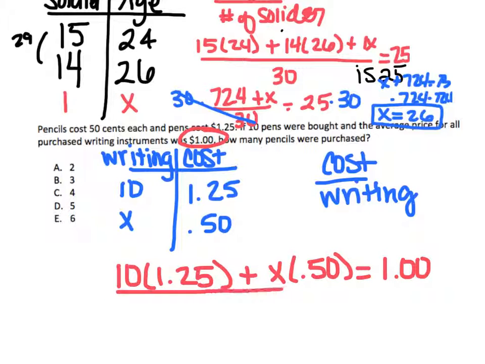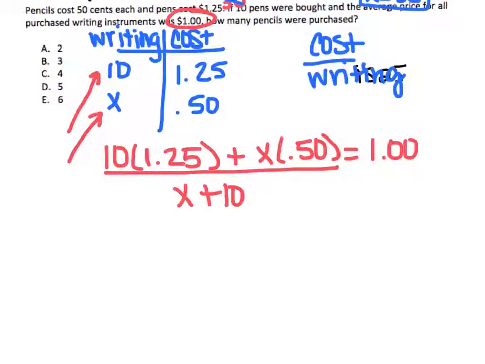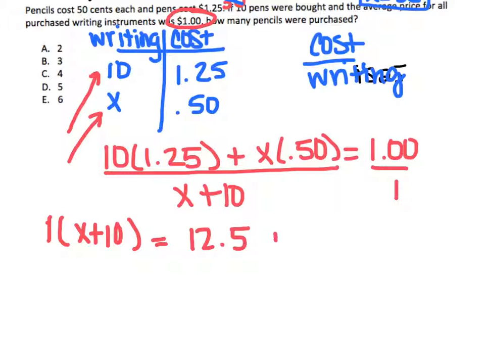And then I need to divide, and here's where it gets tricky. I need to divide by the number of writing utensils I bought. I know I bought 10 pens, but I don't know how many pencils I bought. So I'm going to say x plus 10 for their total. Okay, hang in there, we're almost done. So we're going to cross multiply. I have 1 times x plus 10 equals 12.5 plus 0.5x.